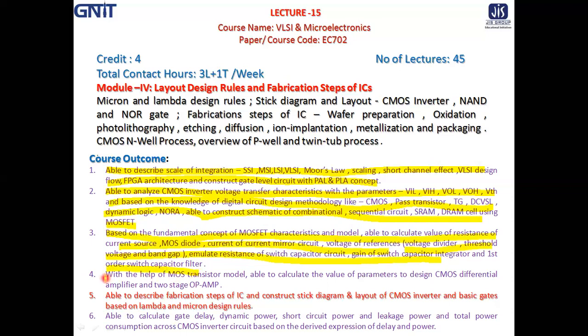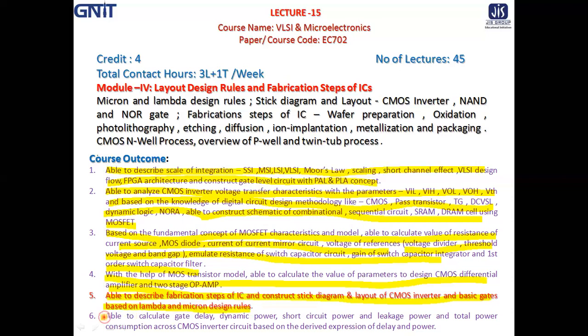The fourth course outcome is, with the help of the MOS transistor model, being able to calculate the values of the parameters to design the CMOS differential amplifier and also the two-stage op-amp. Fifth is being able to describe fabrication steps of the ICs and construct stick diagram and layout of the CMOS inverter and basic gates based on the lambda and micron design rules.